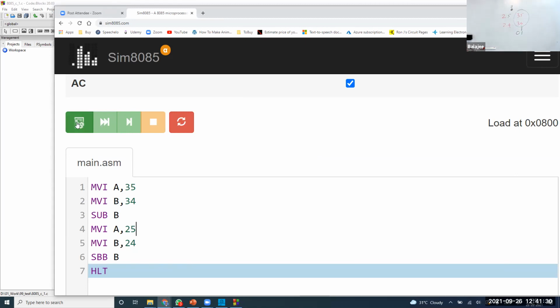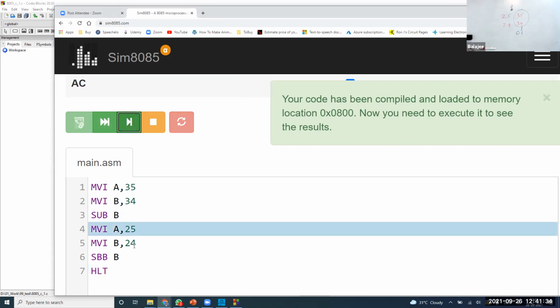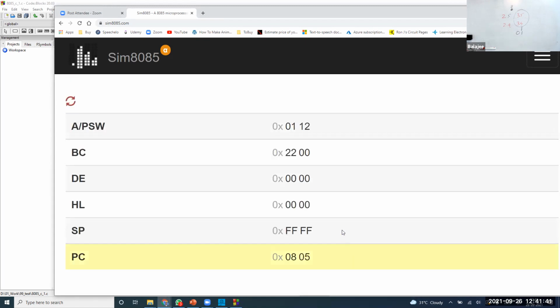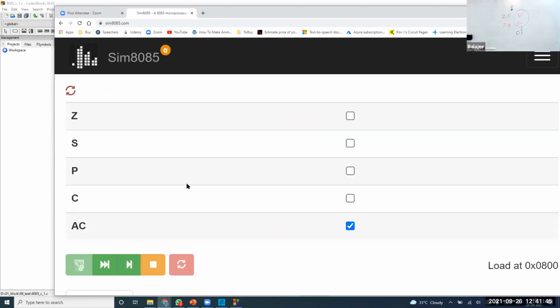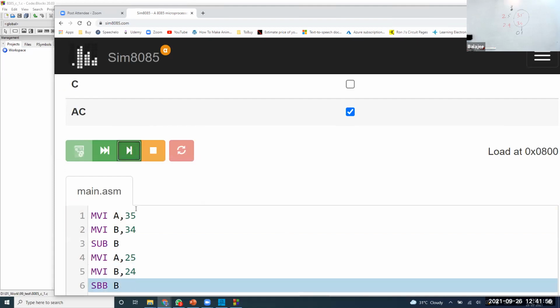Now when I execute this, after the first thing, 35 minus 34, A, the accumulator, becomes 01. And your carry flag, that is the borrow flag, is set to 0. It's not set. Now I execute the remaining three. Once again, 25 minus 24, and the borrow flag is 0.